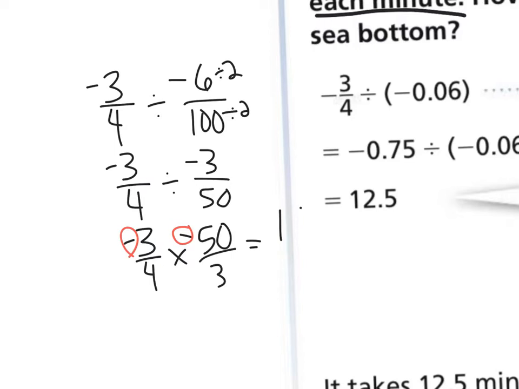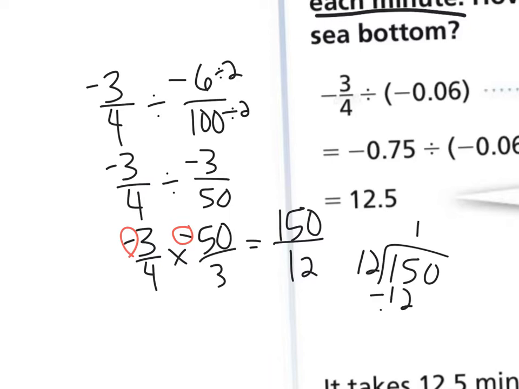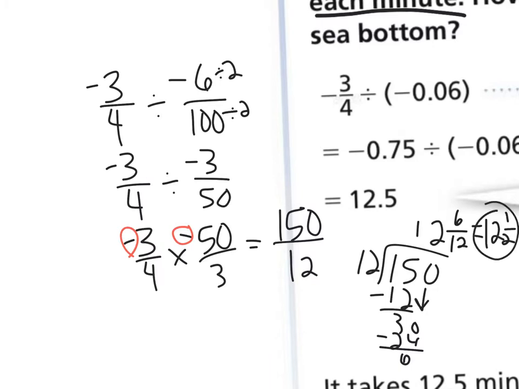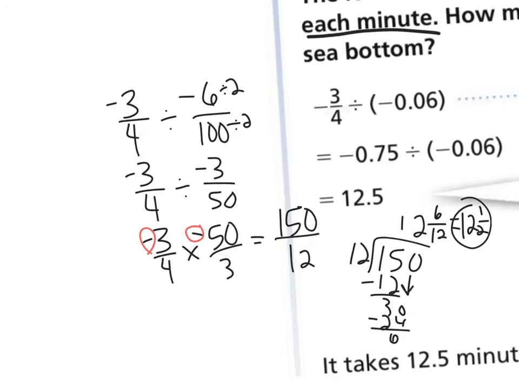And so this would be 150 over 12. And if you divide that out, we'll get 12 and 6/12, which is 12.5, same as the 12 and 5/10, 12.5 that they got. So 12.5 minutes, it would reach the bottom of the sea.